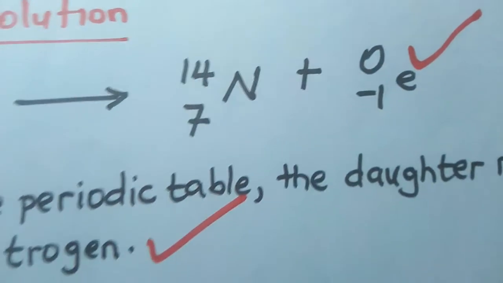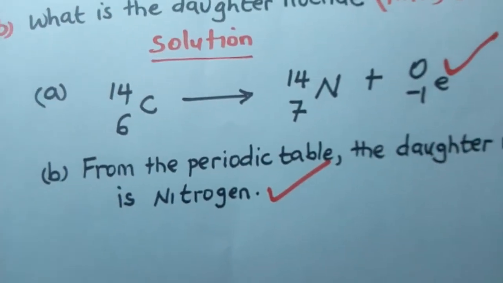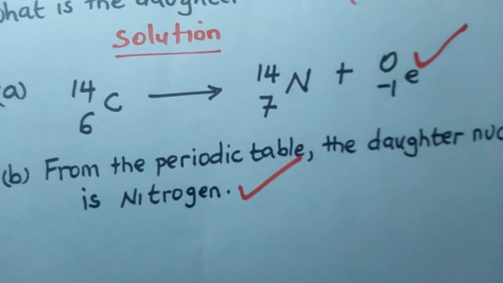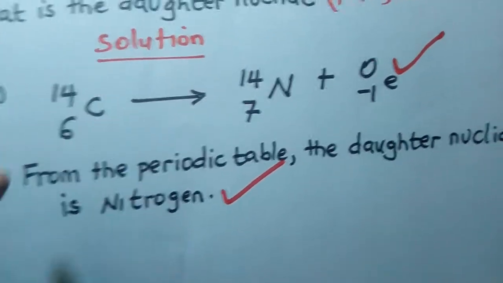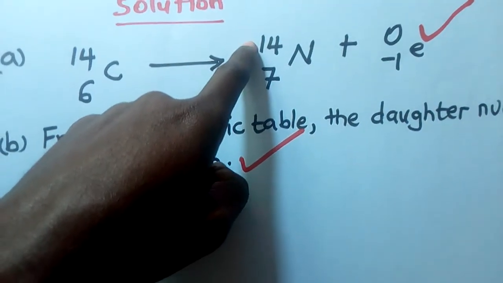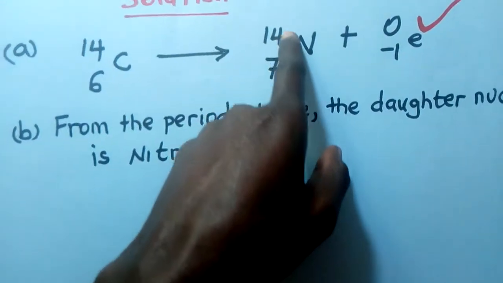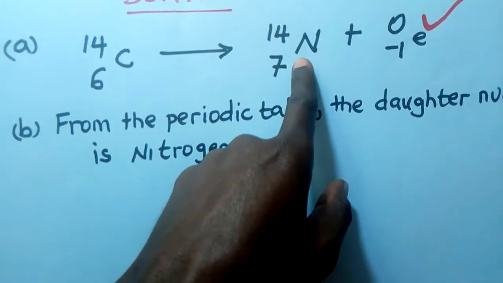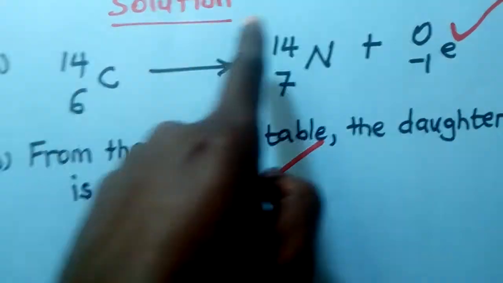Now, if that is our equation, what did we say during a beta decay? We said the mass number remains. So if this is 14, this one is also 14. Now here I have said N because I already know what it is, but you could call it Y. You don't know it. But the mass number does not change. 14, 14.